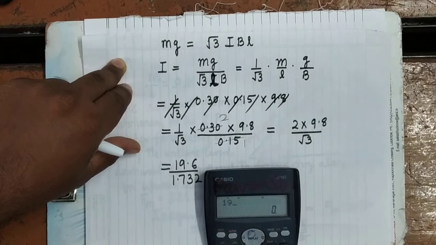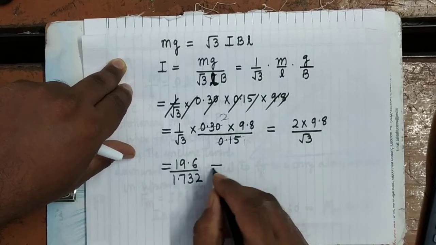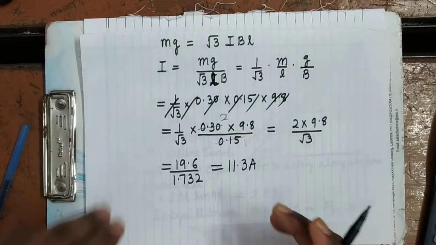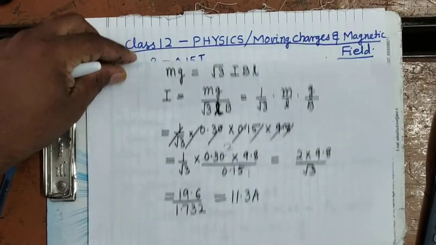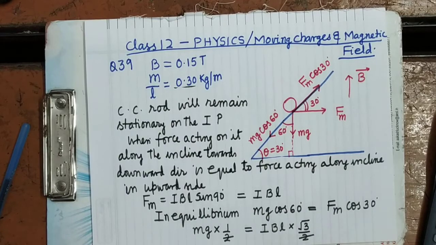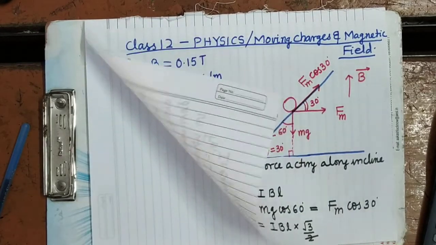Therefore, there is no need to rationalize. So it is nearly 11.3 ampere. So this way you can do. It's clear? Yes. Now I am going to tell you the other question.